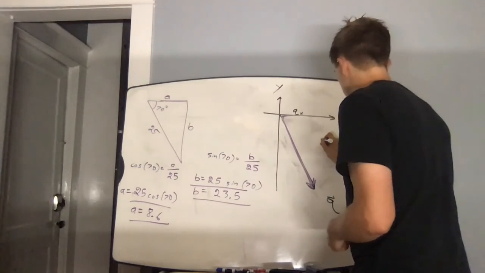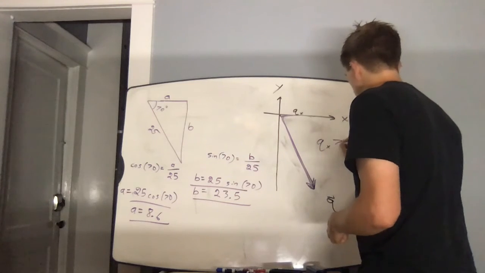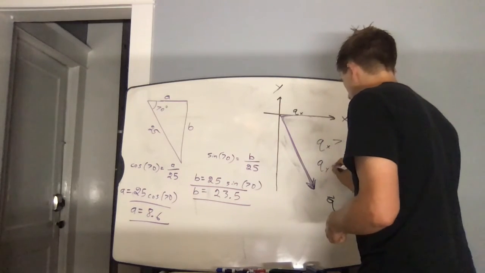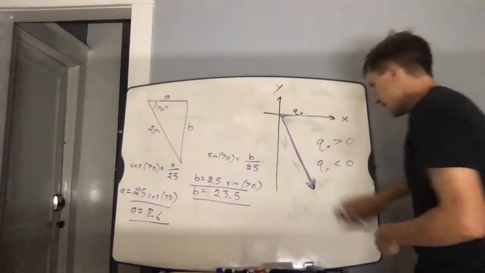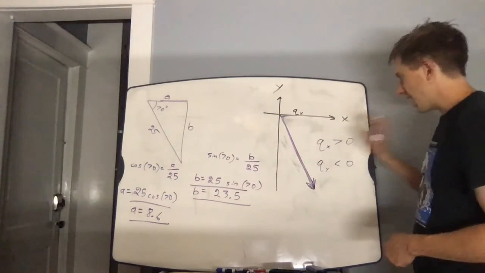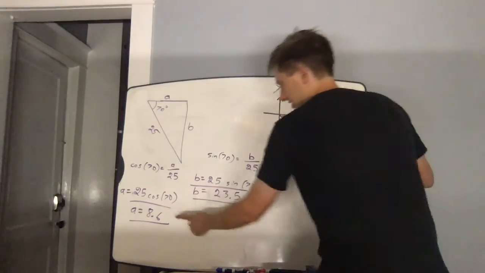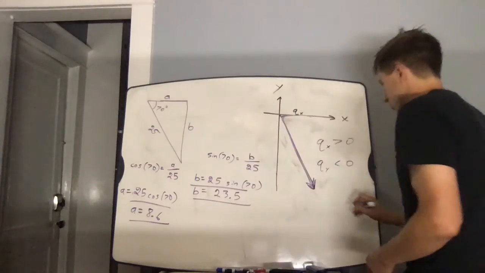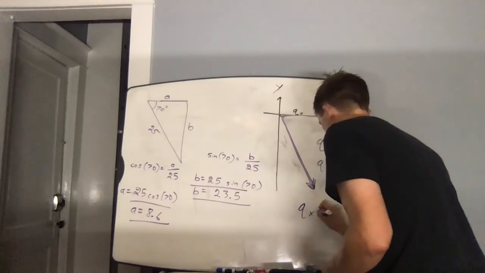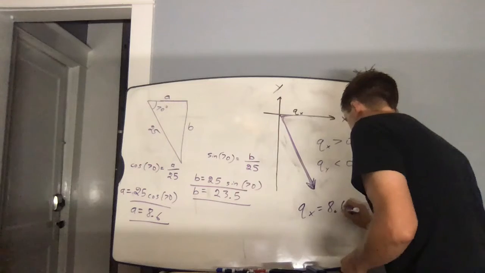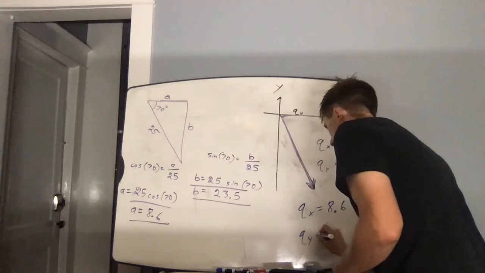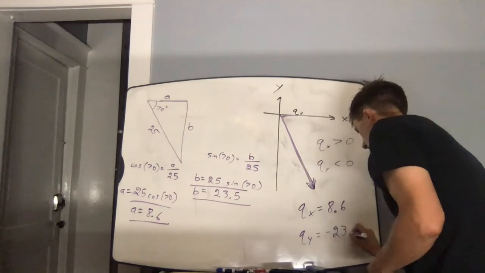So I expect QX to be greater than 0, QY to be less than 0. And so the size of QX is this 8.6. So I could say QX is equal to 8.6 and QY is equal to negative 23.5.